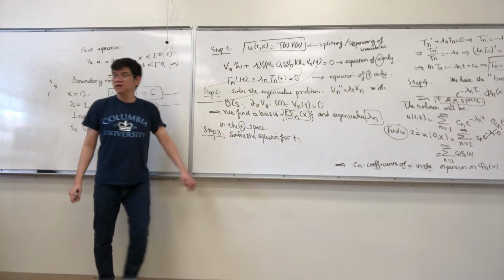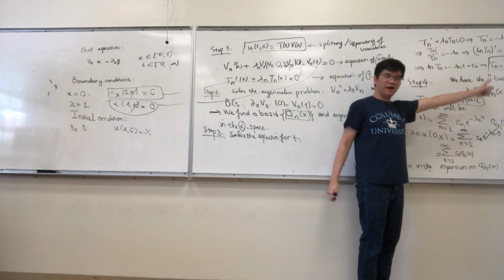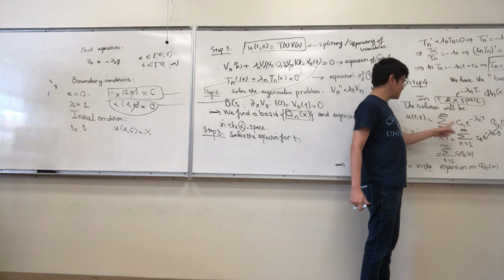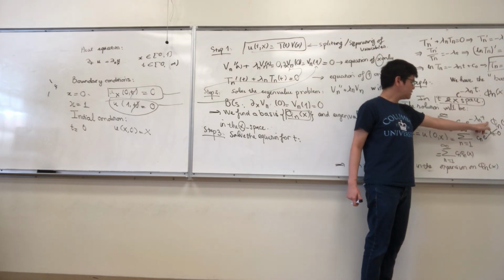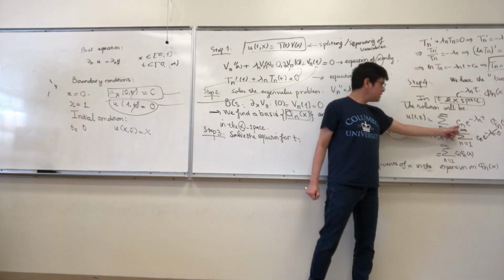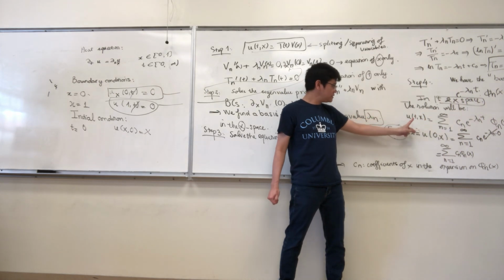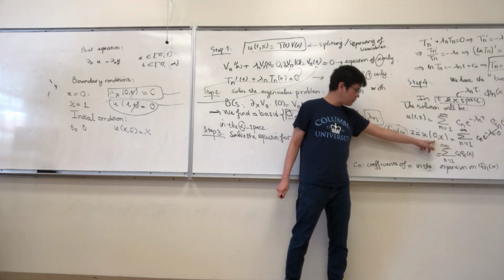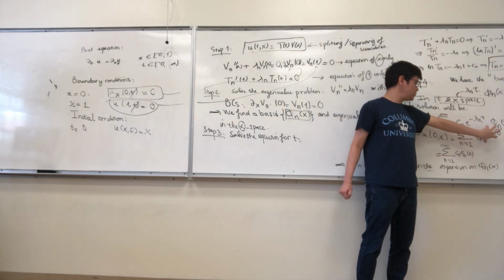So far so good? I will explain again. After you have this basis, you expand u(t,x) as the sum of Cn times e to the power minus lambda n t Vn(x). How do you find Cn? You replace t with 0. When t is 0, you have u0(x) equal to x, and e to the power minus lambda n 0 is 1.